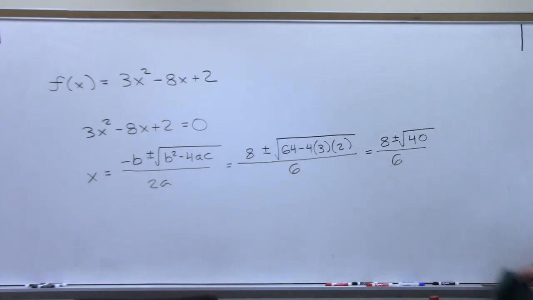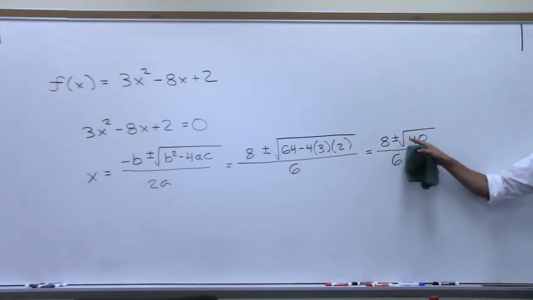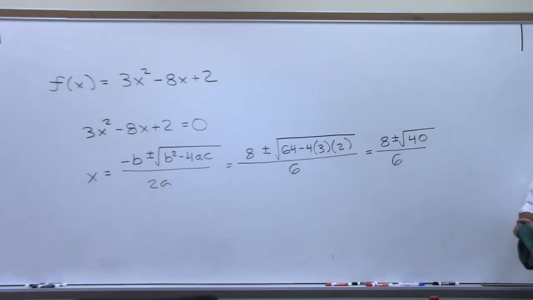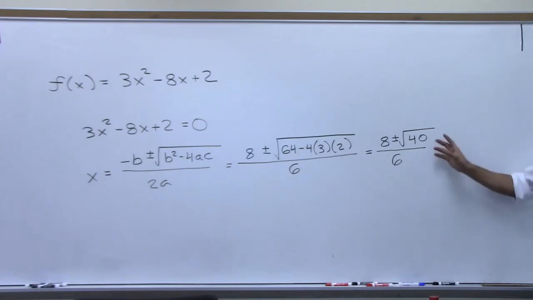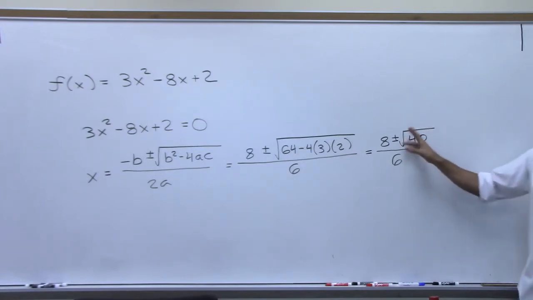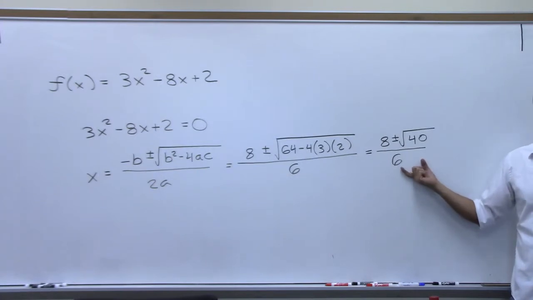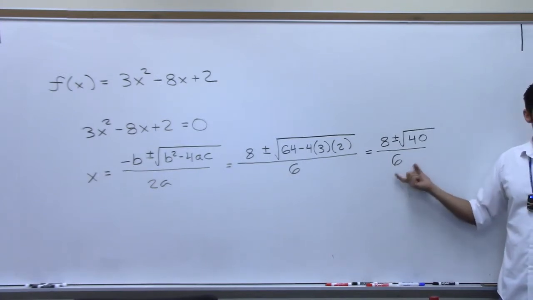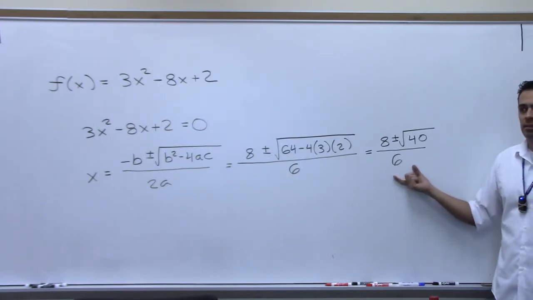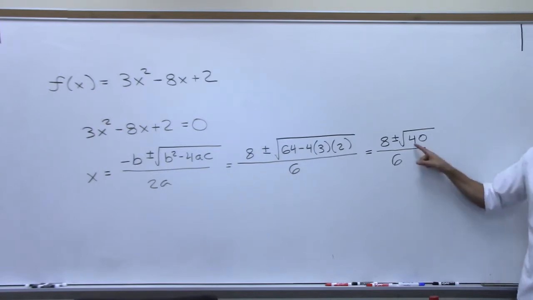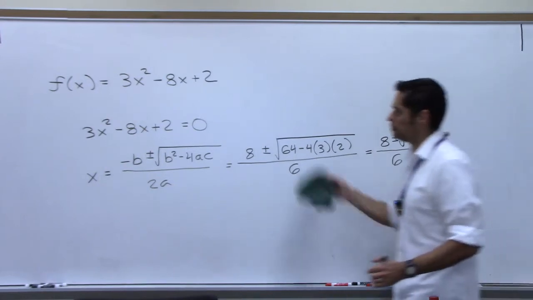And you could start figuring out what this is, right? Like you could break the 40 down. But at the end of the day, these are 2 points on our x-axis, aren't they? And I don't care how pretty you make this look as far as pulling things out. I don't think anyone here has any idea where these are, right? Until you get it as a decimal. Then you'll have a better idea. So at this point, let's just take the square root of 40 on the calculator. So go ahead and do that.